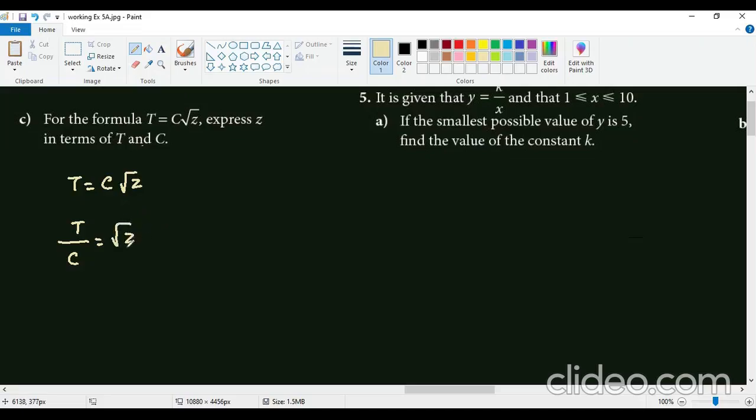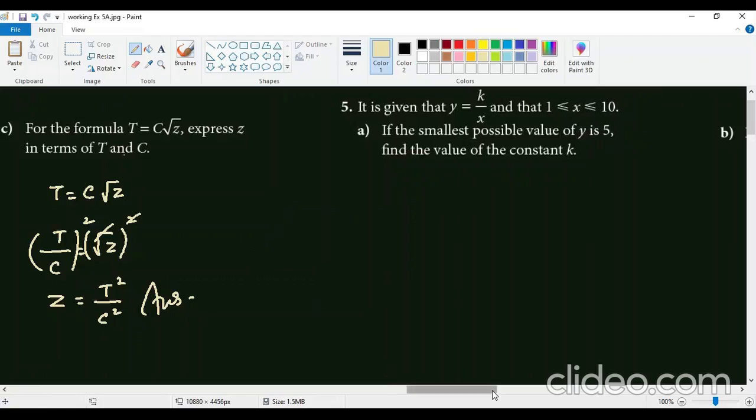And for the second part, to remove the under root sign, I will take the square on both sides. So the square is going to cancel the root, and z is going to be equal to t square over c square as an answer. So this is going to be your final answer.